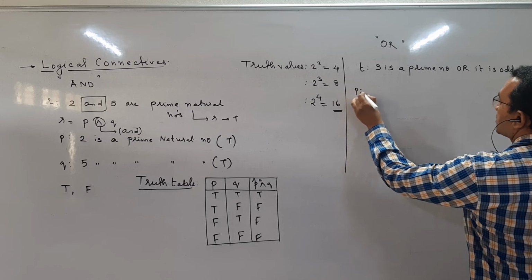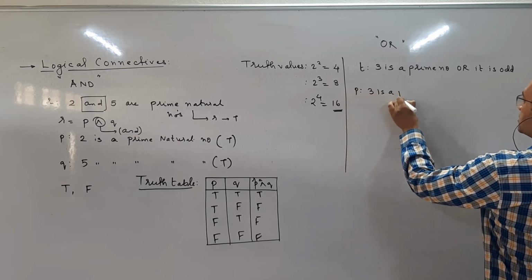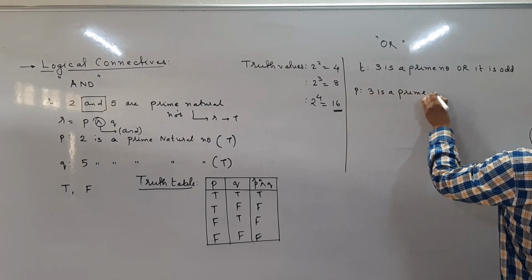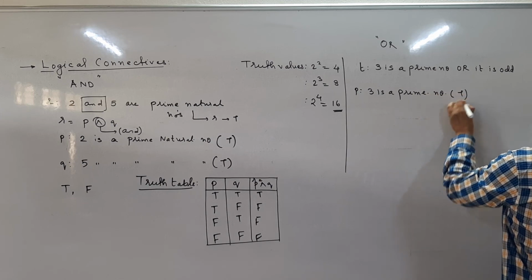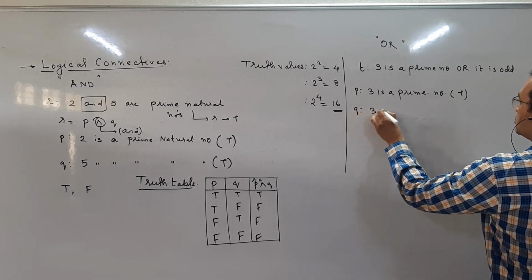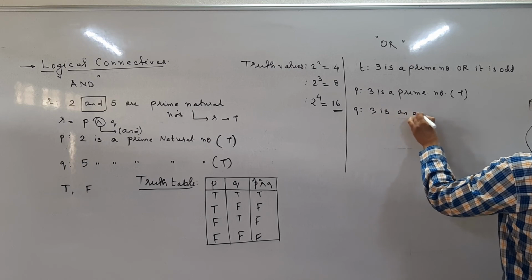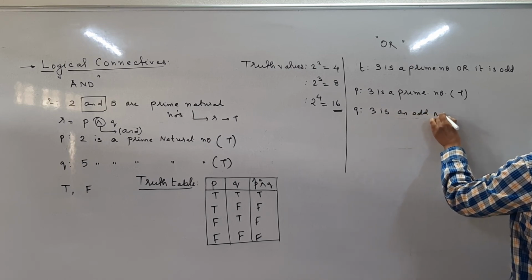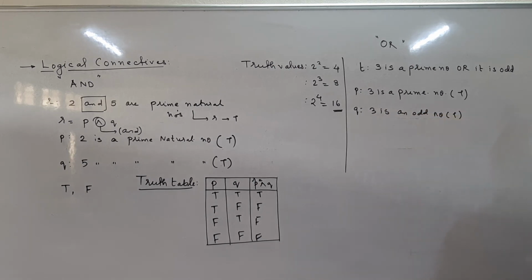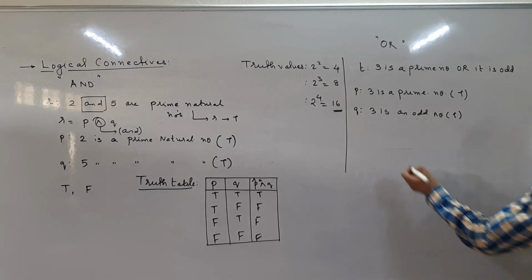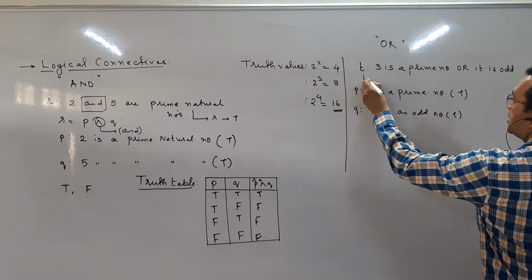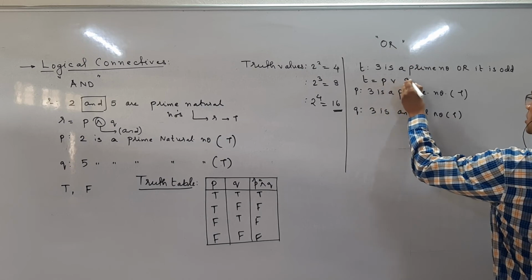P: 3 is a prime number, definitely true. Q: 3 is an odd number, definitely true. So you can say T is equal to P or Q.